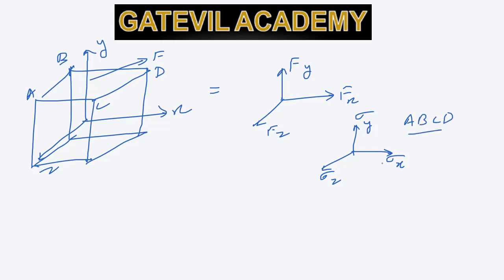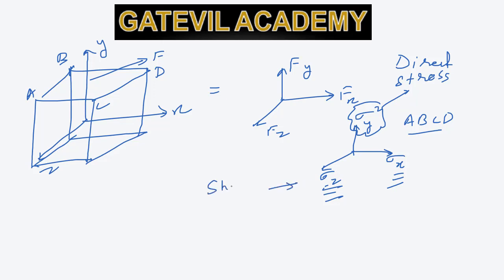Okay, so these stresses sigma X and sigma Z are parallel to the surface ABCD, and sigma Y is normal to the surface ABCD. So this sigma Y is called direct stress, and sigma Z and sigma X, which are parallel to the surface, are called shear stress.